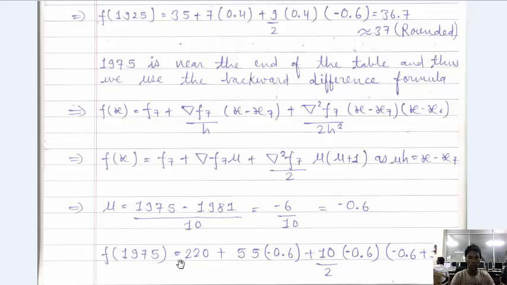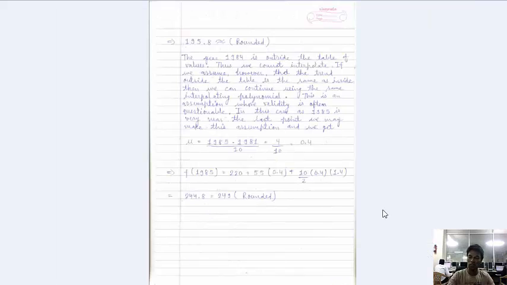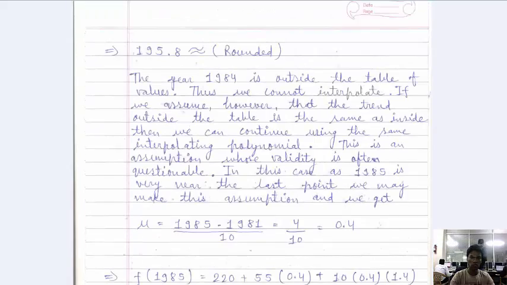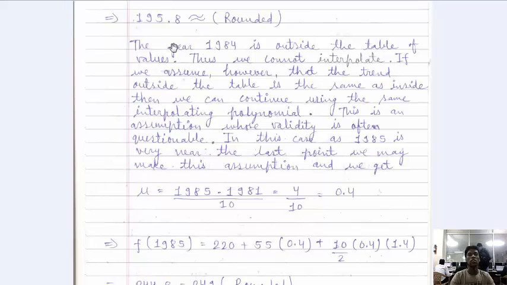F(1975) is equal to 220 plus 55 into minus 0.6 plus 10 by 2 into minus 0.6 into minus 0.6 plus 1, and the answer is 195.8 rounded.